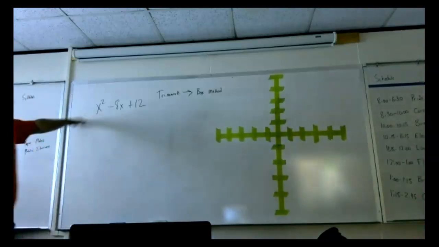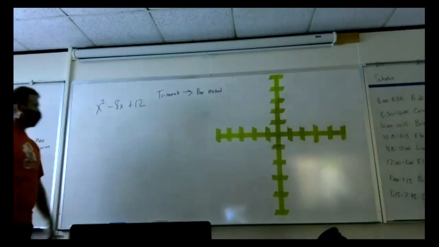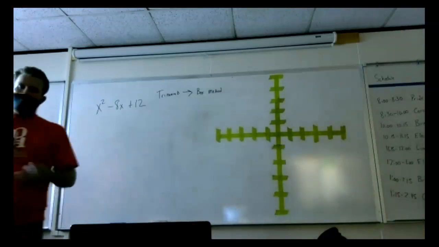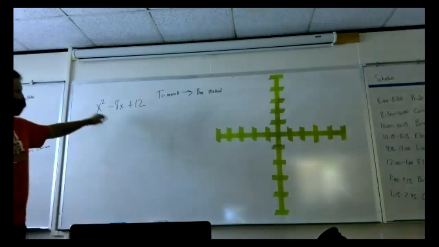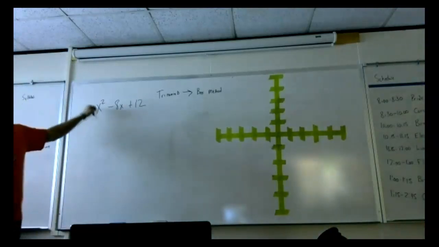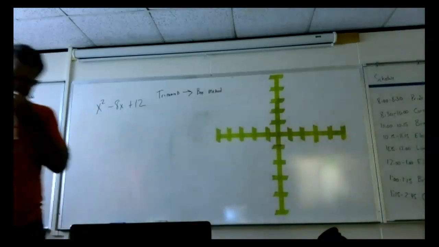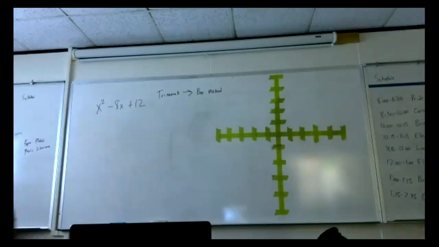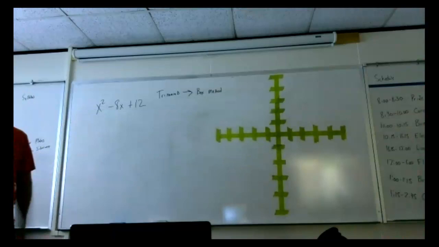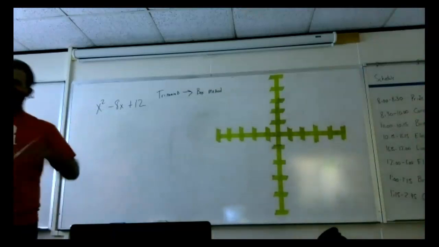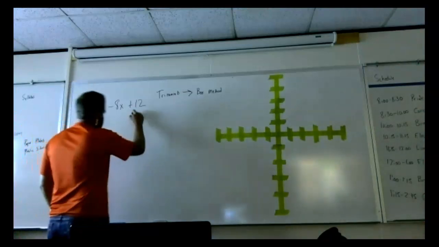So once again, I'm going to examine the coefficients between all of my terms, because that would be the only thing I'm able to factor out. 8 and 12 do share factors, but you can't factor it out because there's a 1 here, right? The only thing we'd be able to factor out is a 1, which is very redundant. Next thing, we want to make sure that we don't have a negative A value. Since it is a positive x squared, we know A is positive, so we can begin the box.